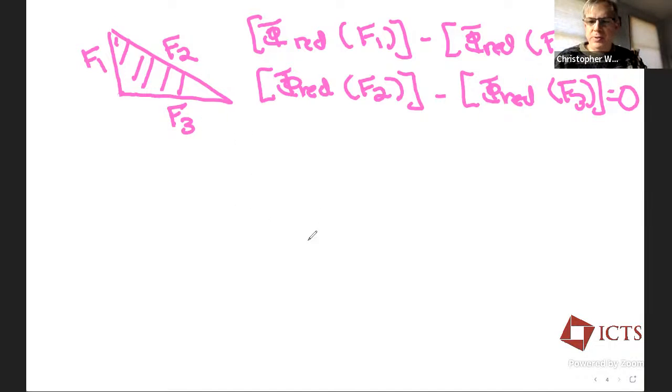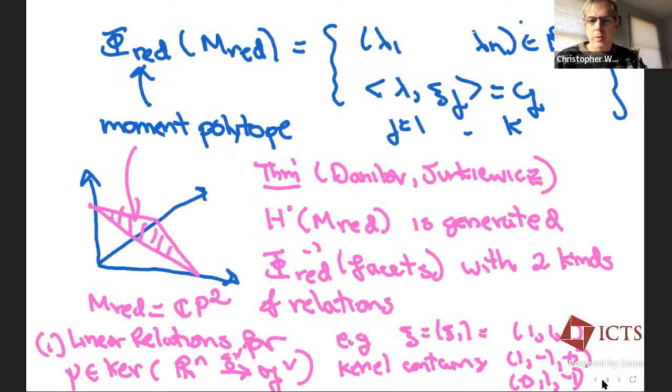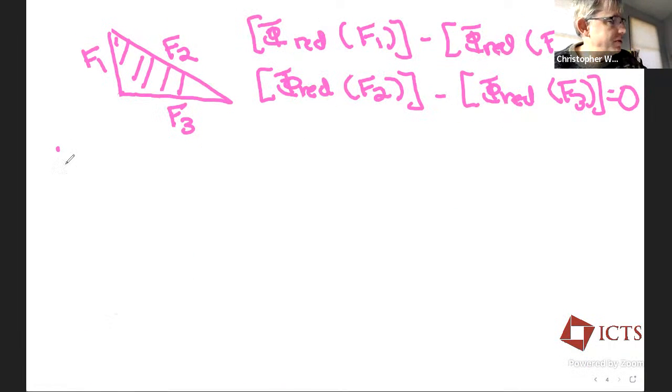Okay, so those were the first kinds of relations, and then the second kind of relations are nonlinear relations.